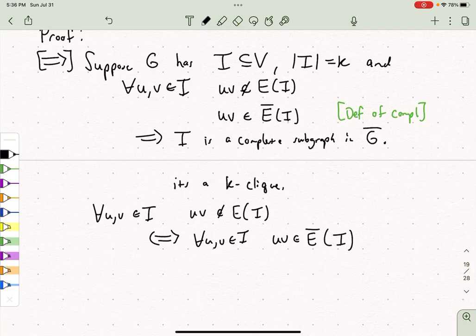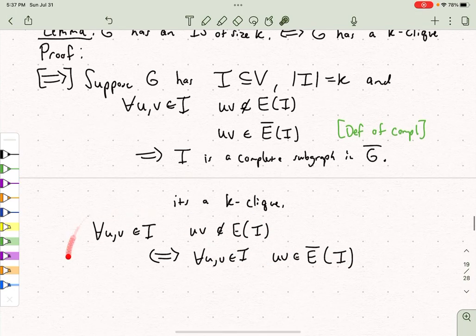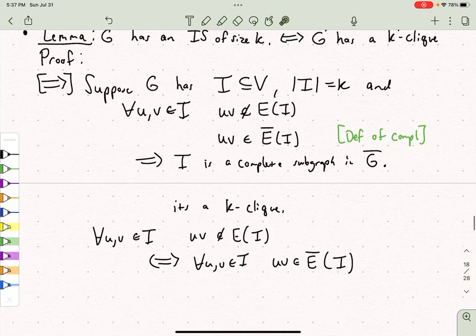And so we're getting both directions at the same time. So for any set I, if it's an independent set of size K, then it's a clique of size K in the other graph. And if it's a clique in the other graph, then it's an independent set in the original. So these two are actually equivalent statements by definition of the complement.